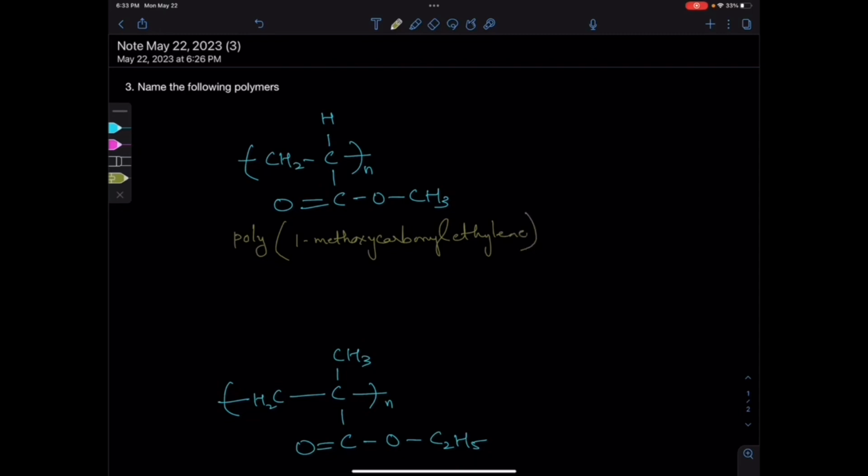There are two carbons in the chain, so it's ethylene, and this group is methoxycarbonyl. So poly 1-methoxycarbonyl ethylene. Also called poly methyl acrylate.